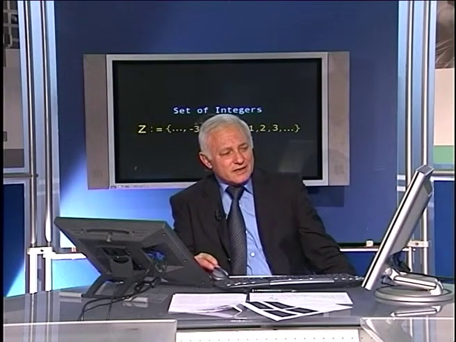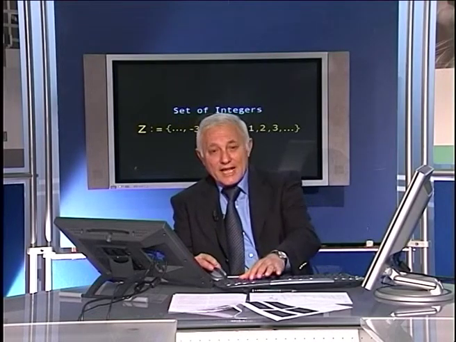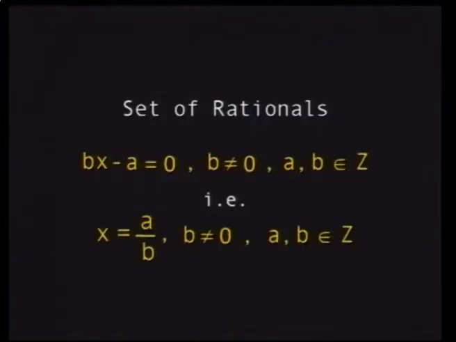So these numbers, the three of them, constitute the set of integers, and they are closed under addition, multiplication, and subtraction. But then you have the set of rationals, which we encounter all the time. It comprises all possible x satisfying bx minus a is equal to 0, where b is not equal to 0, and a and b are elements of the set of integers.